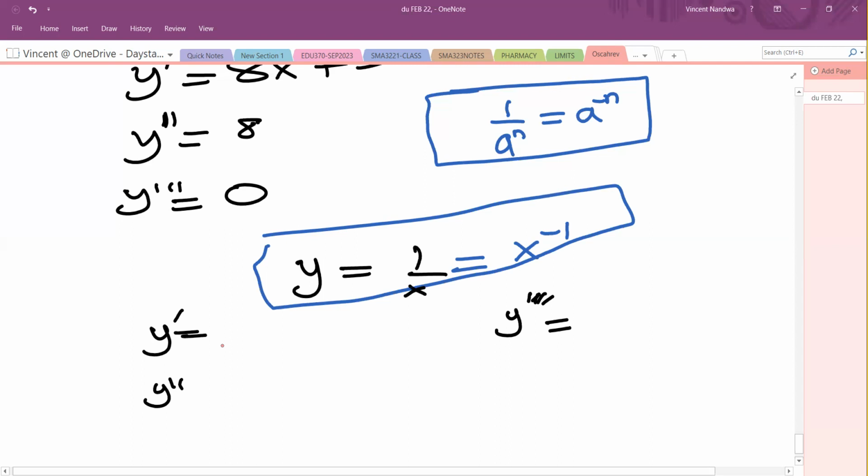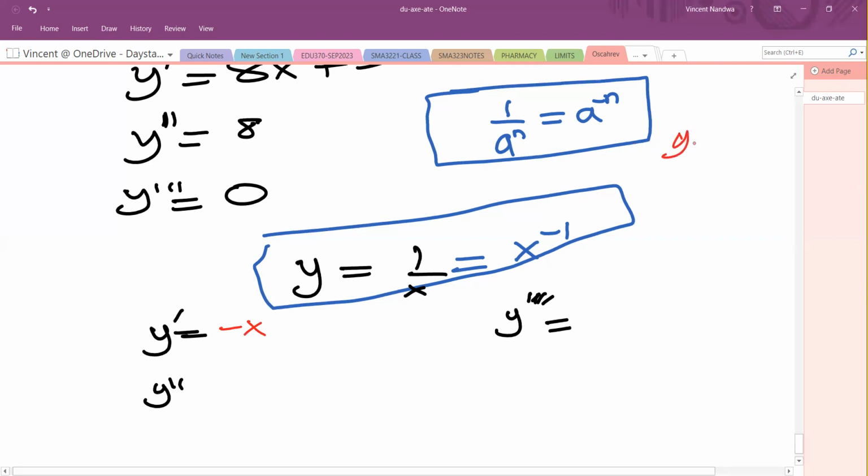We're still applying the power rule, so don't complicate the problem. What did we say?